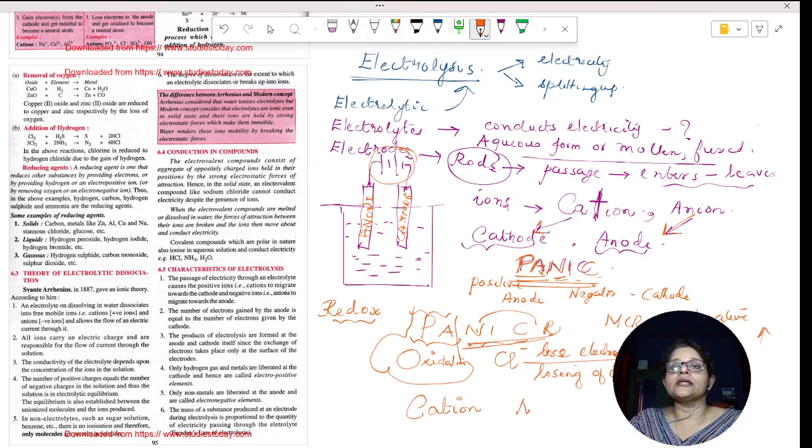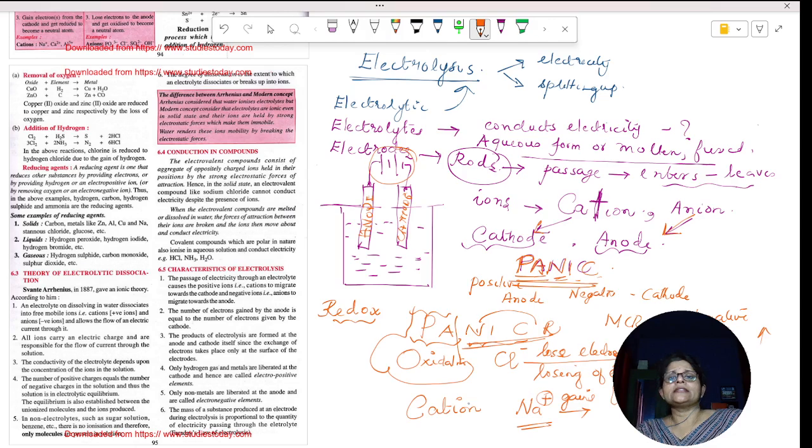It lacks electrons, right? This ion has already lost its electron while combining with the other non-metal. So here it gains electrons, and thus reduction happens at the cathode. All these things we have learnt.